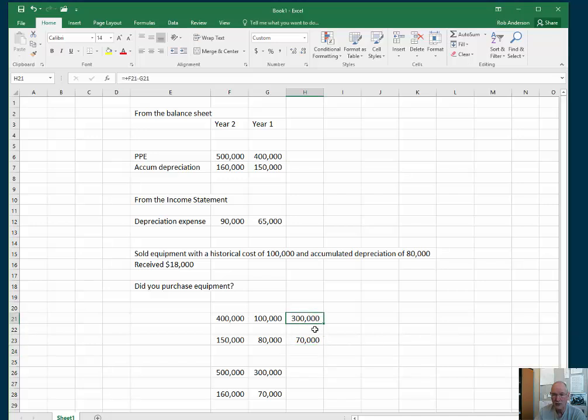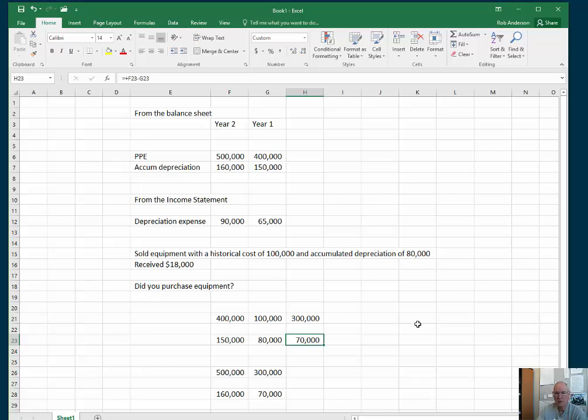So these here are the balances that we would have at the end of year 2 if we had not purchased equipment. So the answer to this question, did you purchase equipment, is yes. You did purchase equipment because you have way more than $300,000 in equipment and you have more than $160,000 in accumulated depreciation.